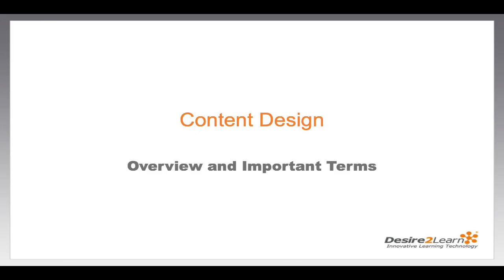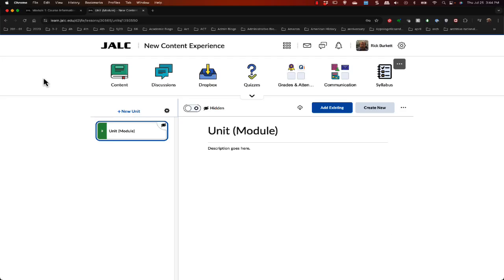First, I'd like to show you the new naming structure, which is really the biggest change. So this is the new structure for the new content experience. It used to be when you wanted to add a module, you went down here to the bottom left and you typed in a module name and created a module.